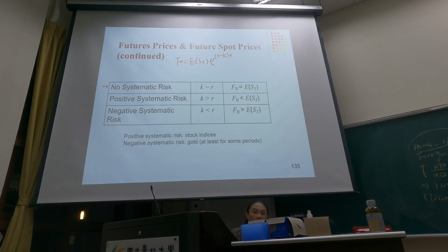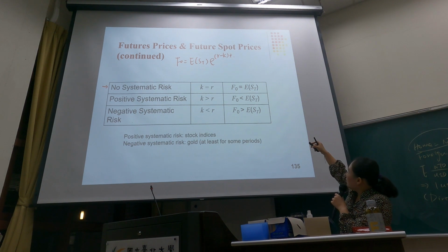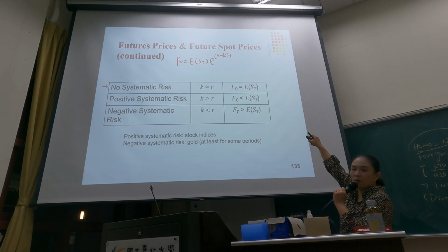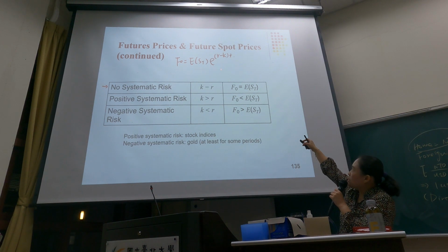Because there's no risk. So your return would equal the risk-free rate. Agree? Okay? So therefore, when r equals k, e to the power of 0 is 1, right? E 的零次方是1哦，对吧？你们知道吧？好, so here is 1, F0 equals E(ST).